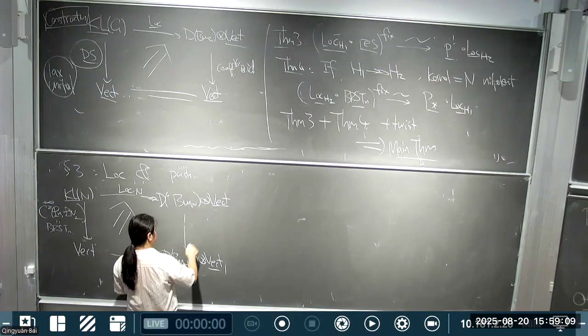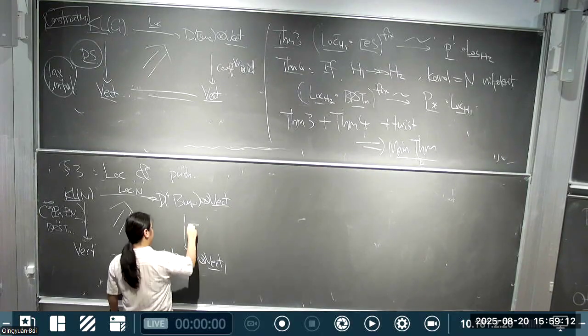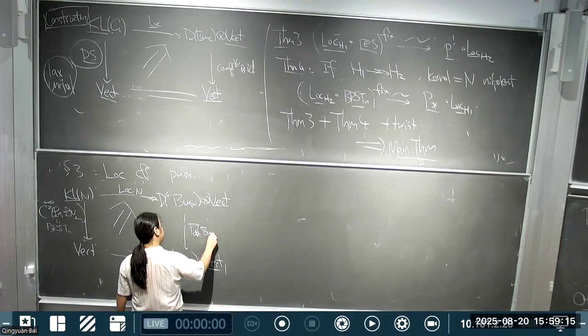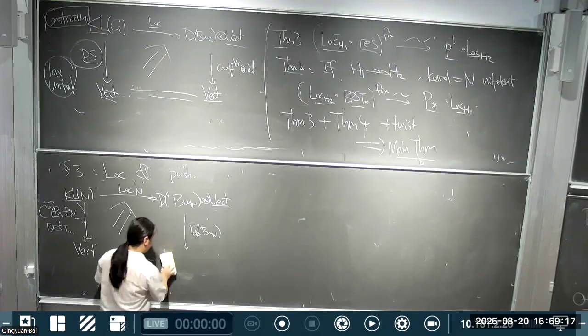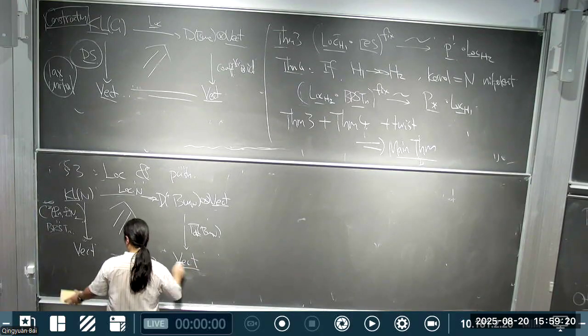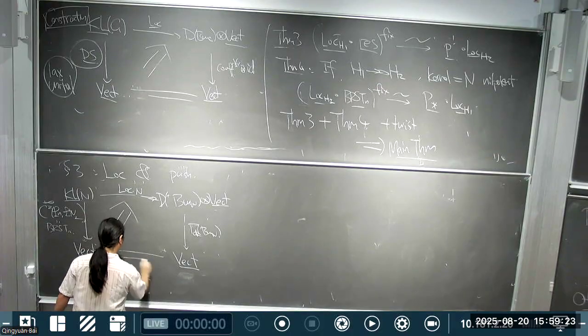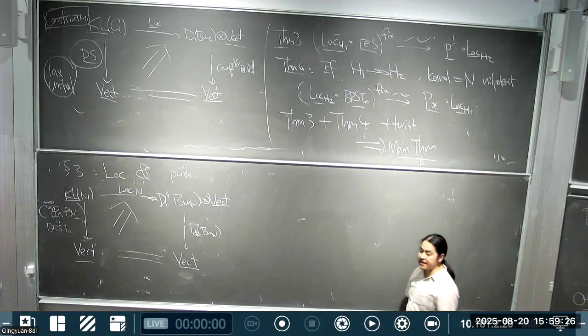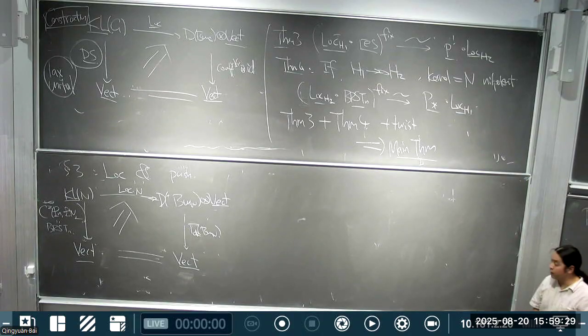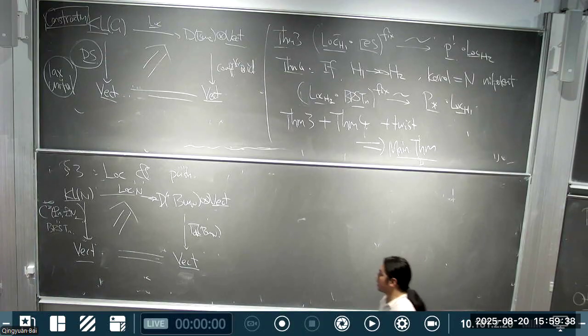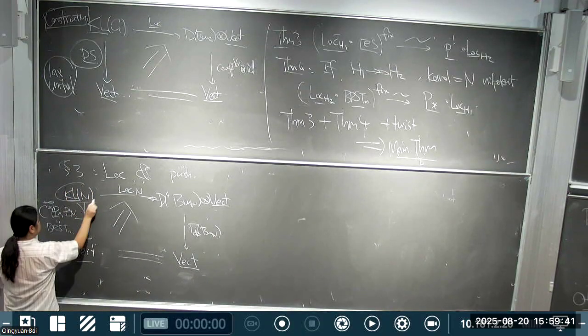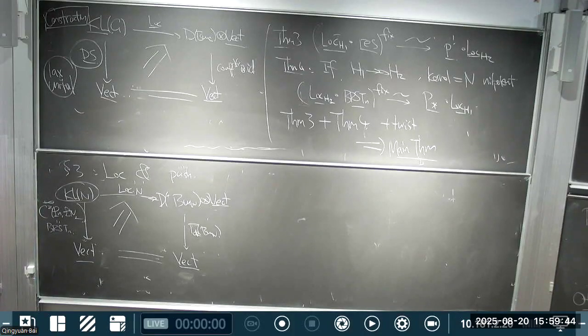And this is just the global section on this bar N, and this is to Vect. This unit. So we want to understand this diagram and to show that after we apply this fixed operation, it becomes invertible. To prove this, it's enough to look at the generators. To verify something commutes, you only need to verify it on generators.